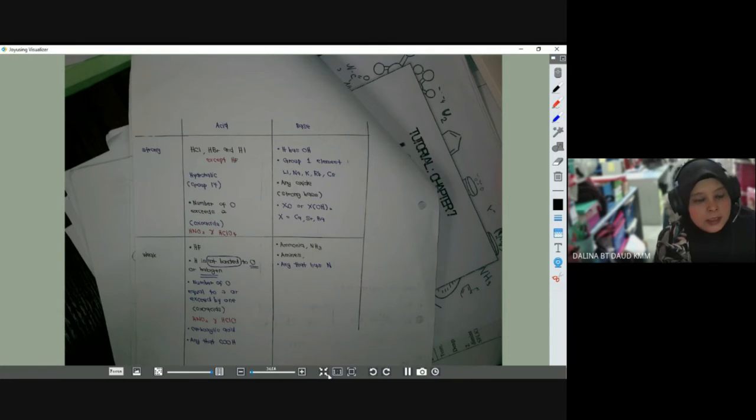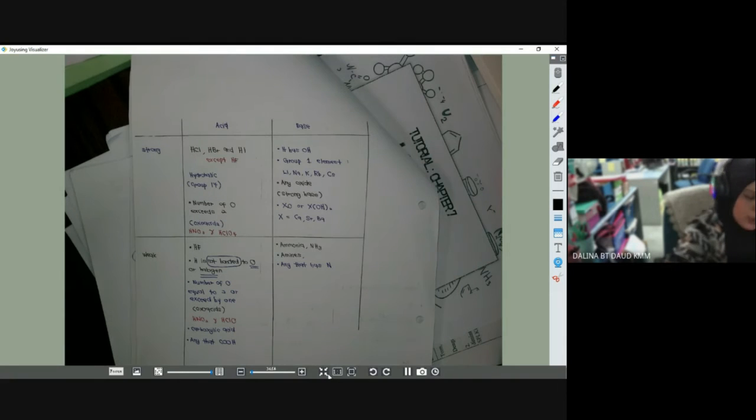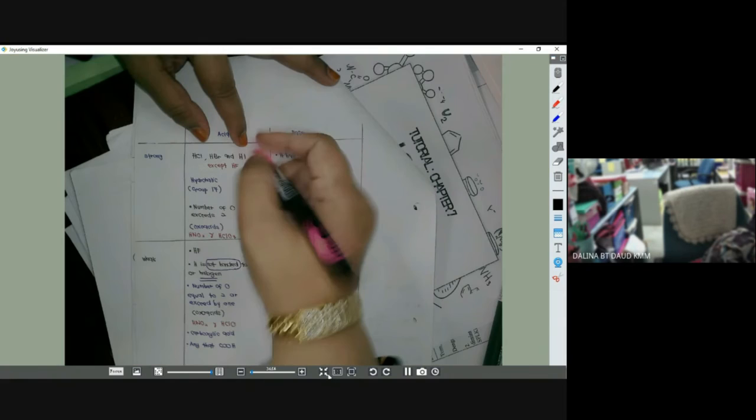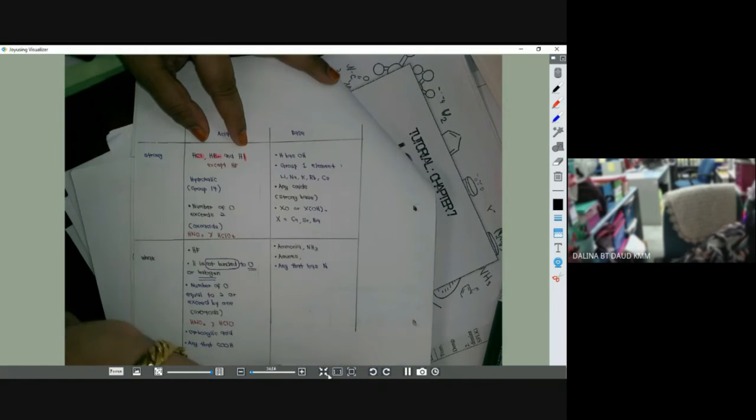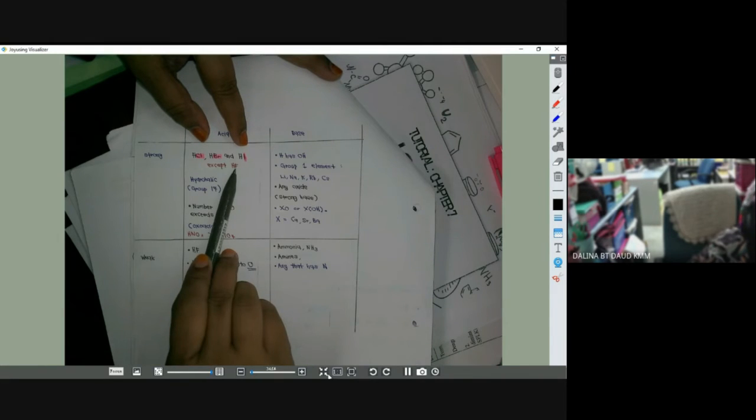So kena tahu. Okay, so untuk strong acid ialah HCl, HBr and HI. Yang ini kumpulan 17. Ada iodine, ada Br, ada Cl. Kecuali HF. HF ni dikira asid lemah. Because of the electronegativity, adalah macam-macam lah reason dia.